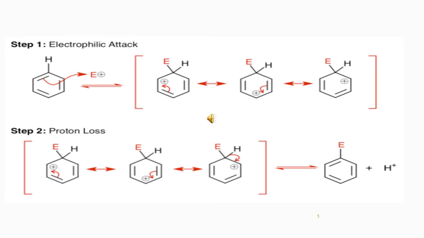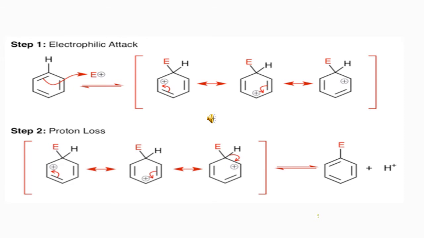Then there will be a double bond between para and meta carbons, but in turn the ortho carbon will be deficient. So in this way the arenium ion is stabilized. Now how does the proton loss take place in the second step.